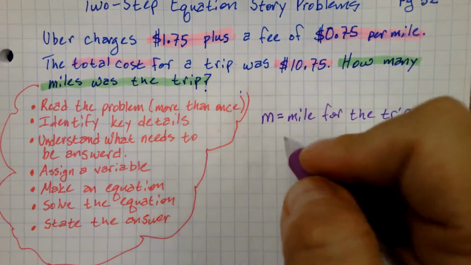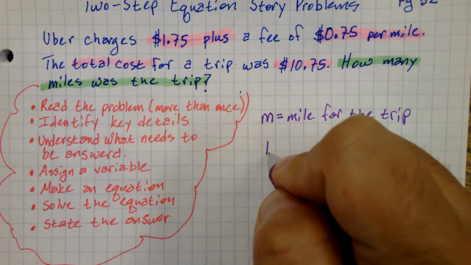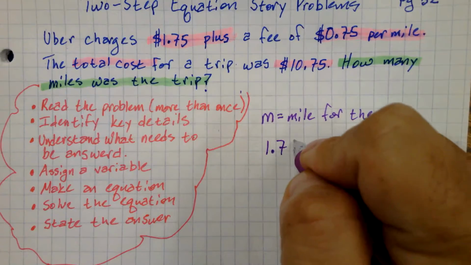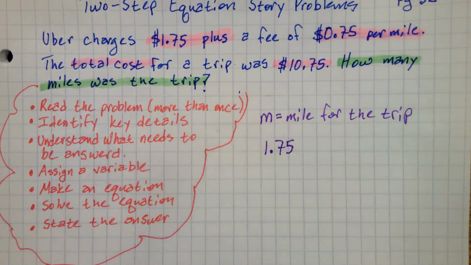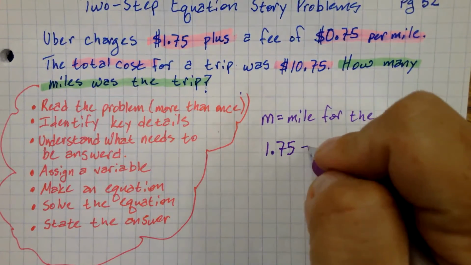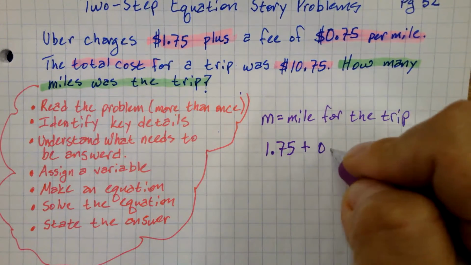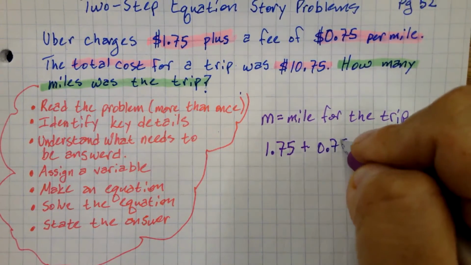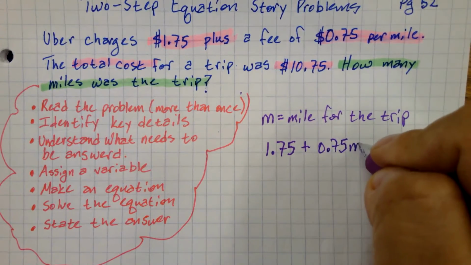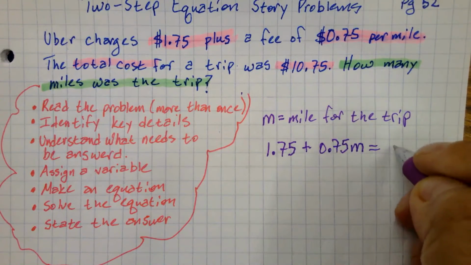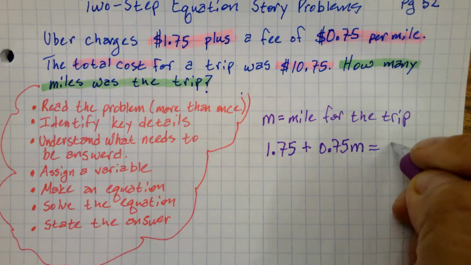Okay. So 1.75. We're going to leave it in decimal form. I'm perfectly okay. Plus, you said 0.75m. Yes. Equals, what did you say? 10.75.